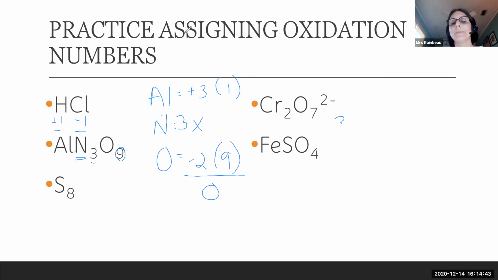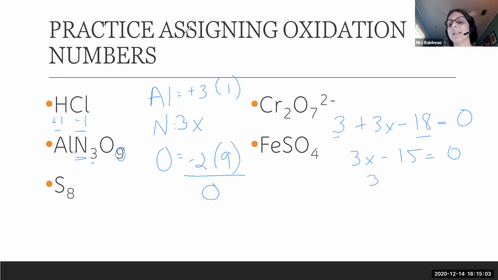So it's 3 plus 3X minus 18 equals 0. Okay, so I can take the 3 and the 18 and I can make this 3x minus 15 equals 0. Now I'm going to solve for x.